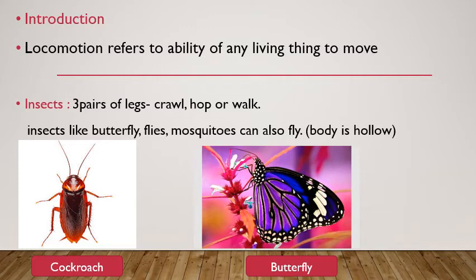Insects like butterflies, flies, mosquitoes can also fly. Their body is hollow, which means the body is not very heavy, so it is easy for them to fly. Cockroaches use the three pairs of legs to walk and jump. So that is about locomotion in the insects.